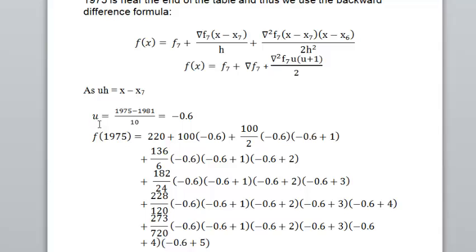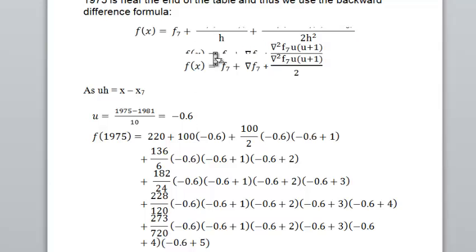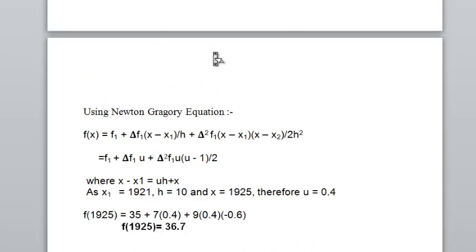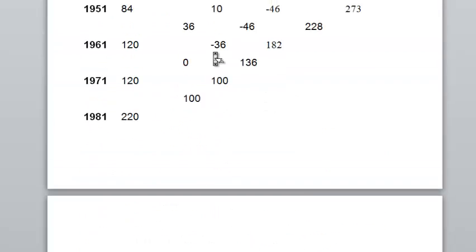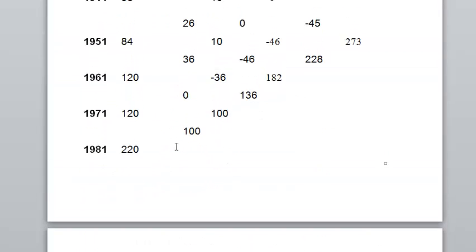where uh = x - x7. So we can find the value of u by substituting the values: (1975 - 1981)/h, with h = 10. We get u = -0.6. That it had to be negative was obvious. Then we simply substitute u = -0.6 in the above formula, and we get the values of ∇ from the lower diagonal: 100, 100, 136, 182, 228 and 273.